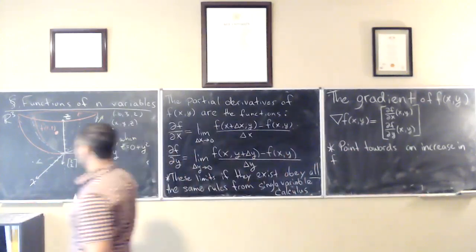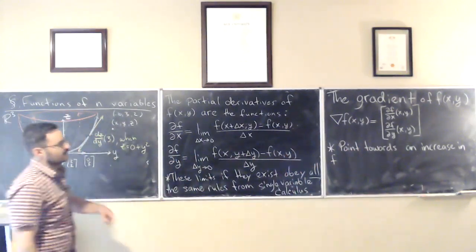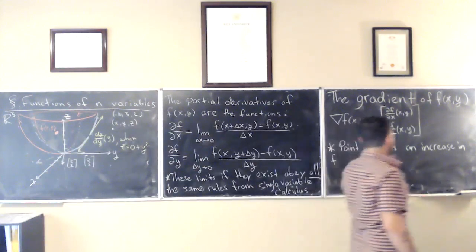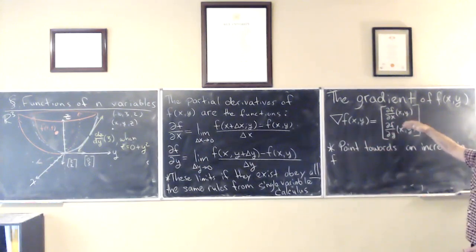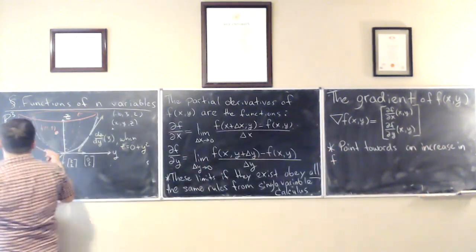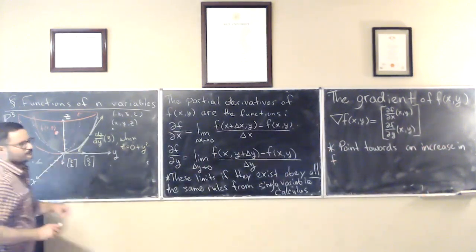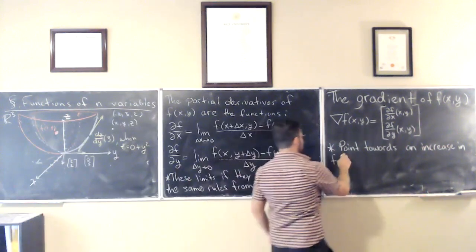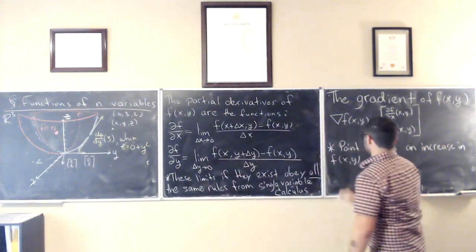If we want to have bigger z, we go in the direction of the gradient, which is a vector. We go in the direction of that vector. So we head that way, and we're going to be going up or something like that.